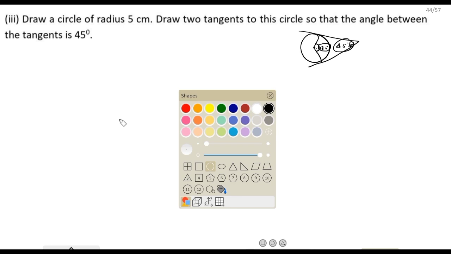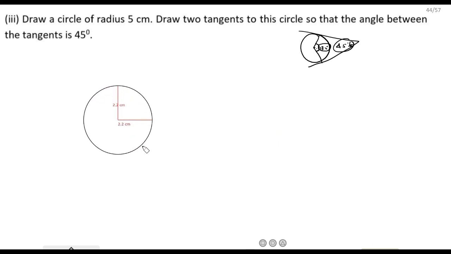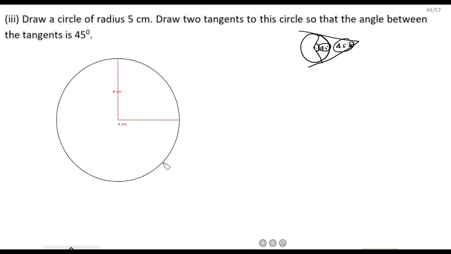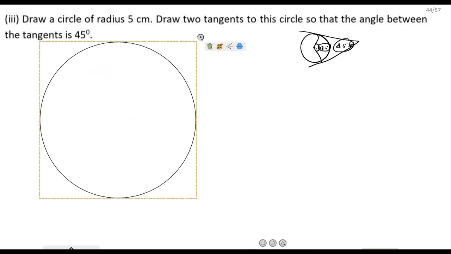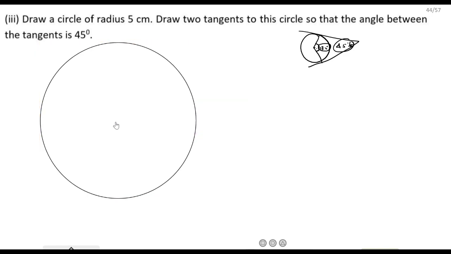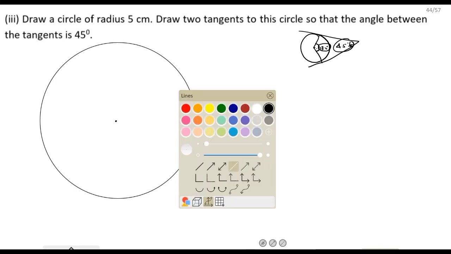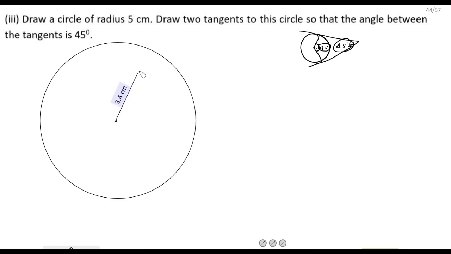First of all, draw a circle of radius 5 cm. This is the radius of 5 cm. Now draw its one radius. Now make 135-degree angle on this with the help of compass.